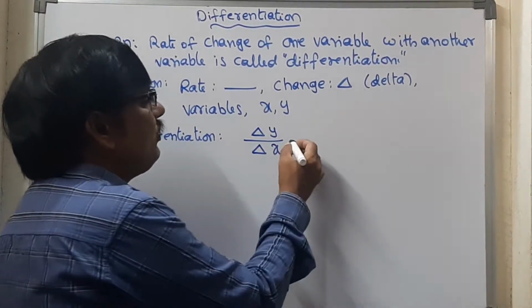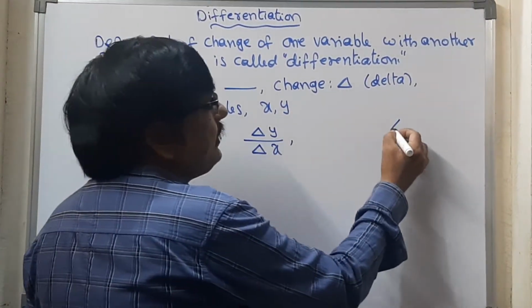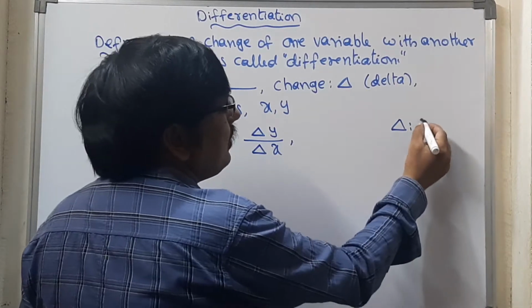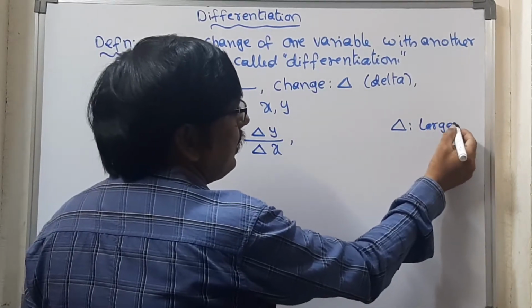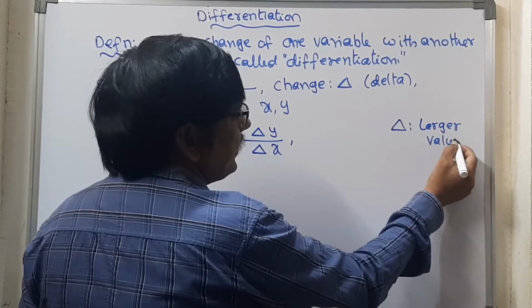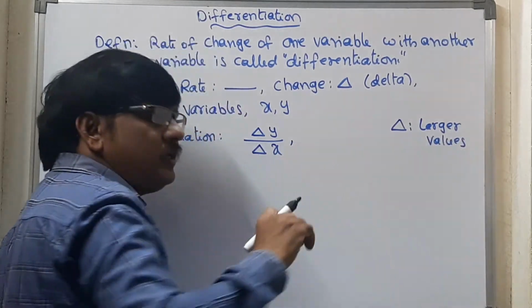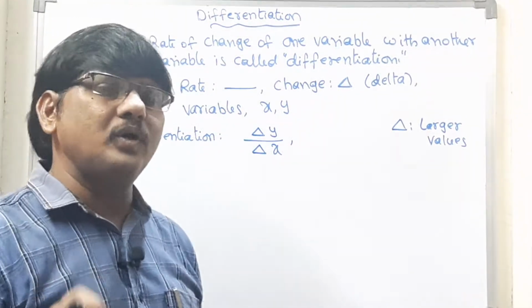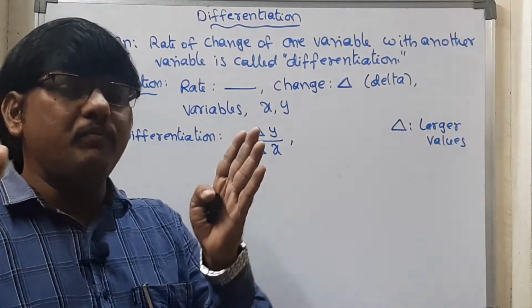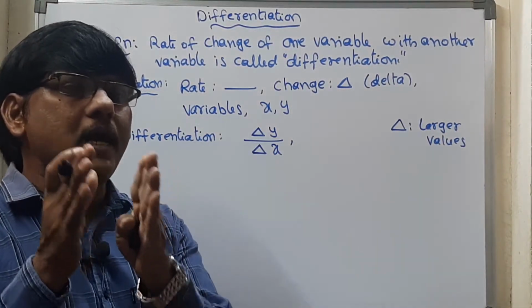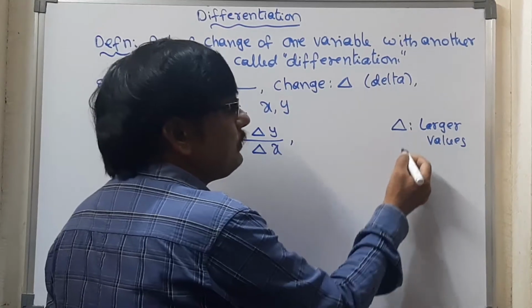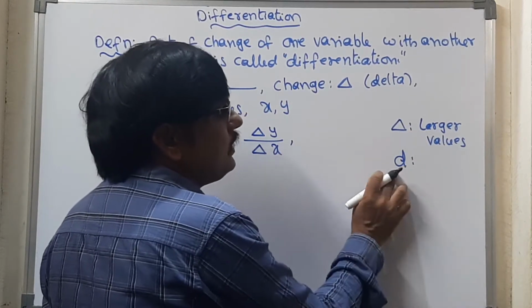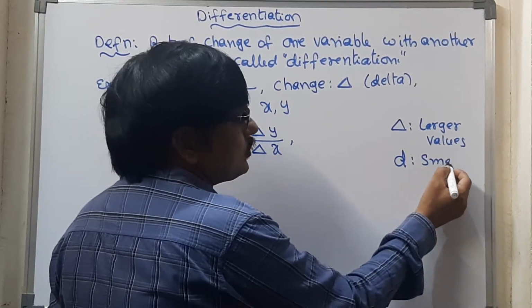One very important thing is that delta is generally used for larger values. But differentiation is a matter of very small, very minute values, and for that purpose a small d is used for smaller values.